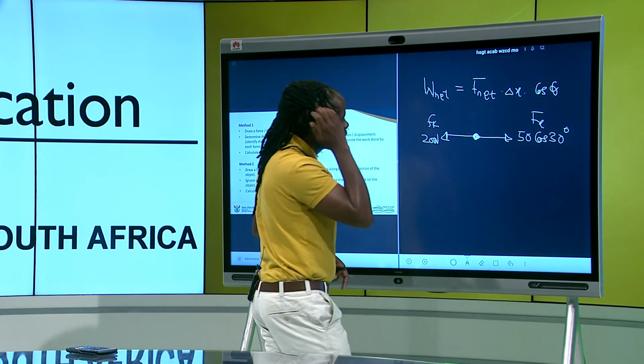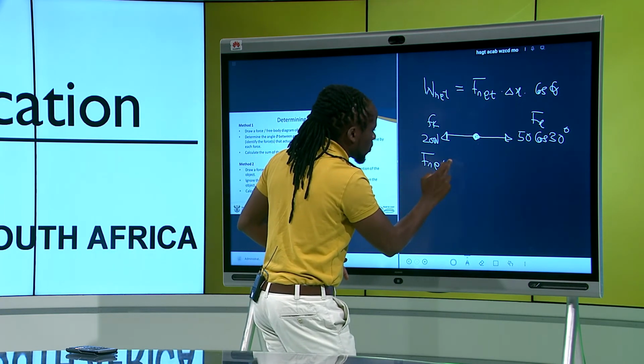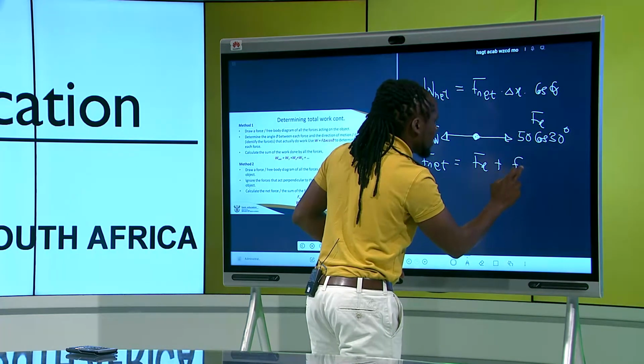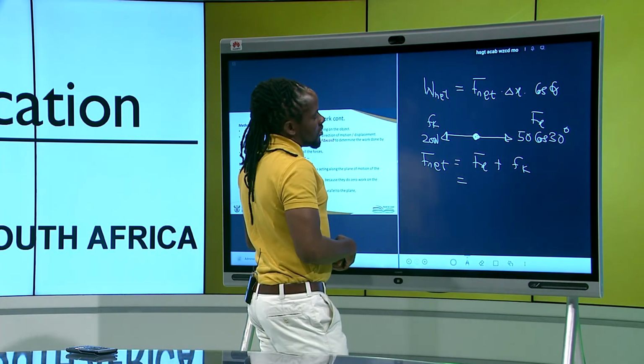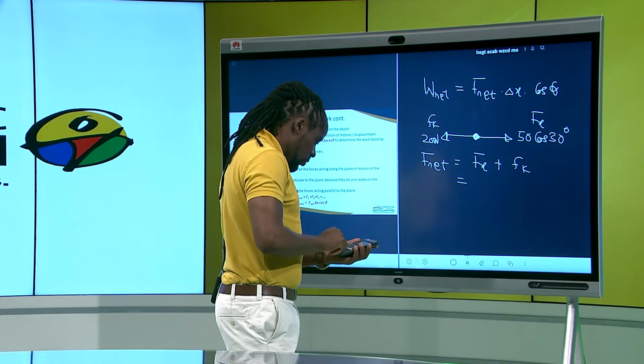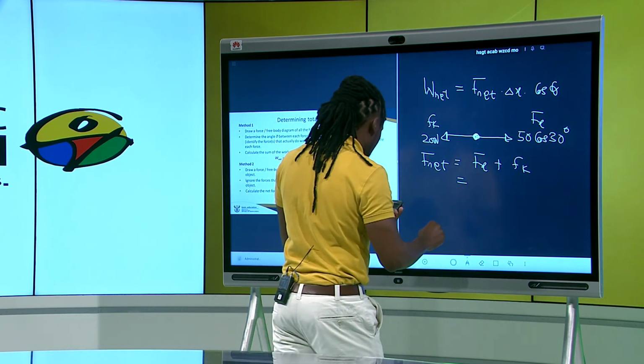Now, if we're going to determine the net force here, F net is equal to Fx plus F kinetic, right? We have our Fx, which is 50 cos 30, which we did earlier on. It gives us 43,3.